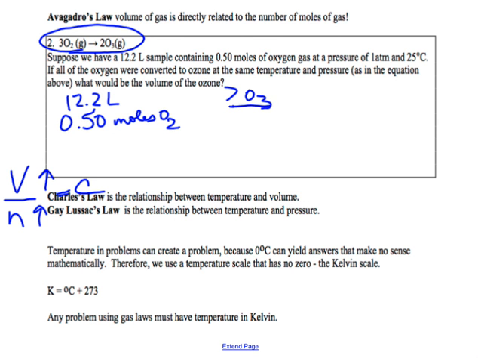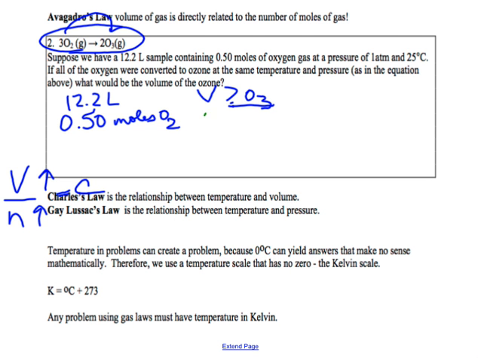Well, to figure out the volume of the ozone, we would need to know moles of the ozone, right? Can we figure that out? What's that silly thing we've been doing all year called? Stoichiometry. We're going to mole bridge from our moles of oxygen to moles of ozone to figure that out.